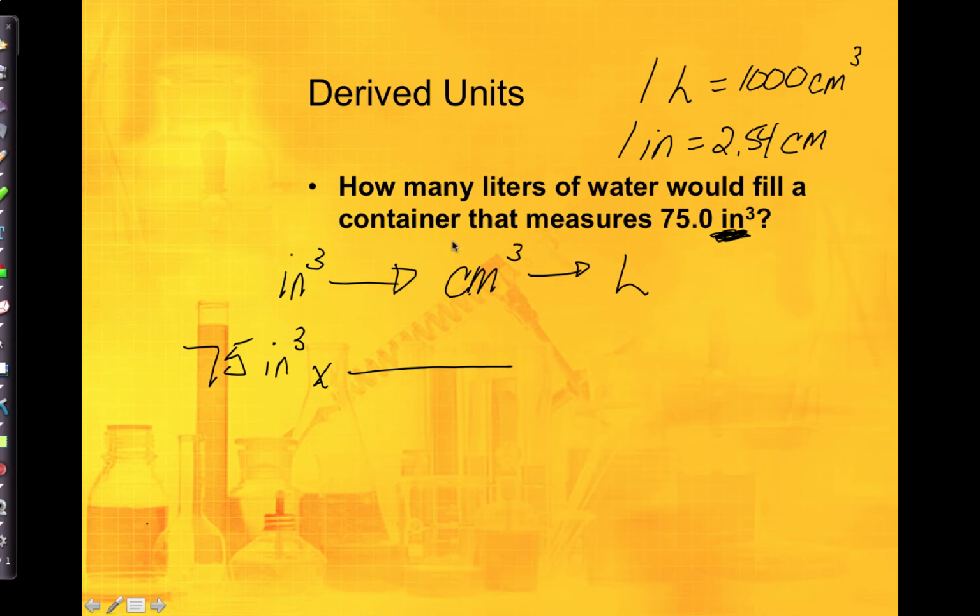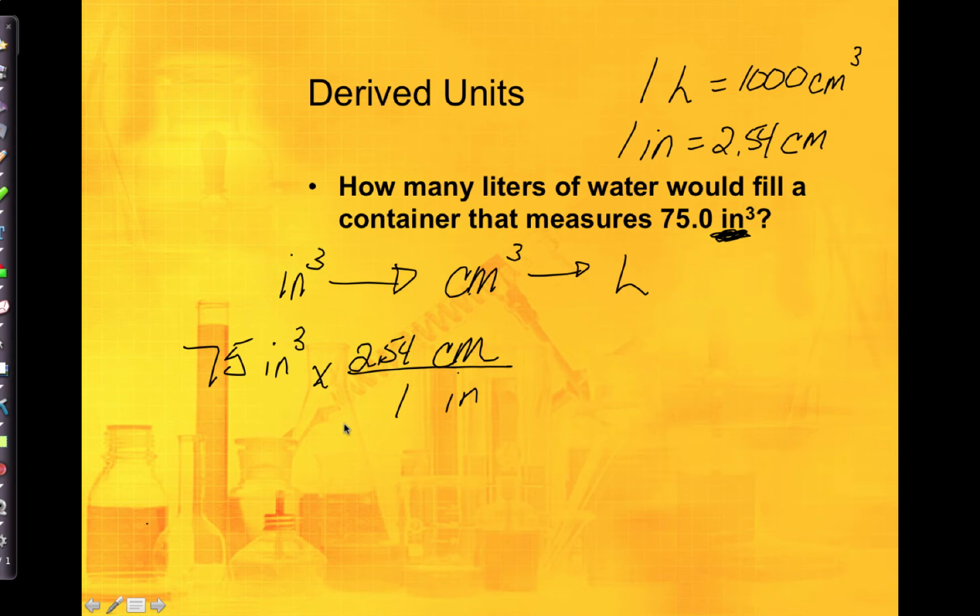All right, so I'm going to follow my map, inches cubed, then centimeters cubed. But let's not put the cubic part right now. We're just going to go ahead and put centimeters. Then we're going to put inches at the bottom, because we don't have a conversion factor between inches cubed and centimeters cubed. Not yet. All right, so 2.54 centimeters is equal to 1 inch.